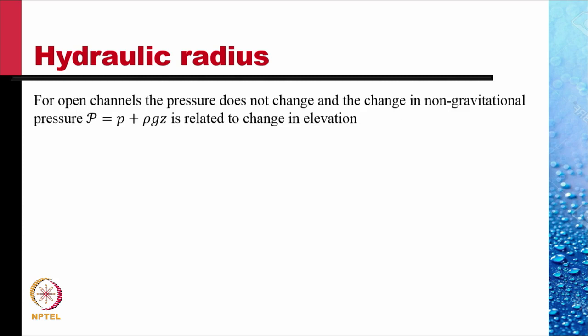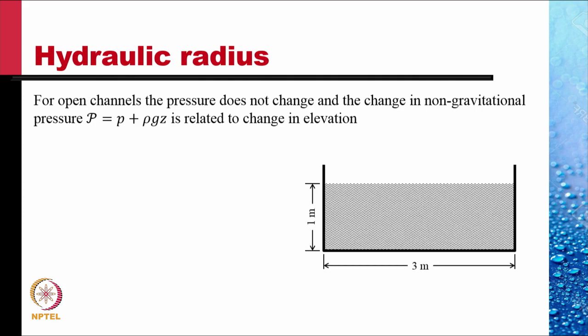The same principle can be applied to open channels. For open channels, the pressure does not change, and the change in non-gravitational pressure, P plus rho g z, is related to the change in elevation. So if this was a rectangular open channel, then the wetted perimeter of this is 1 meter plus 3 meters plus 1 meter, 5 meters.